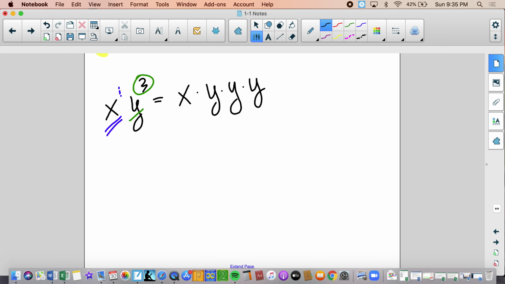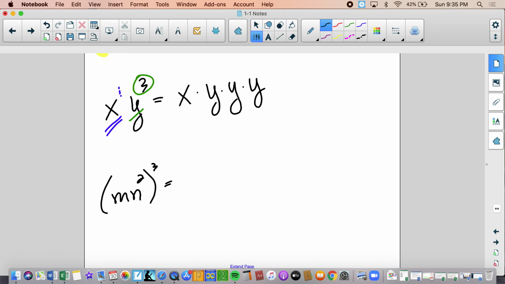So the counterexample of that would be something like this: mn to the second, to the third. So we have mn to the second times mn to the second times mn to the second.